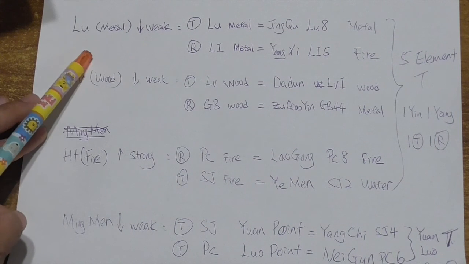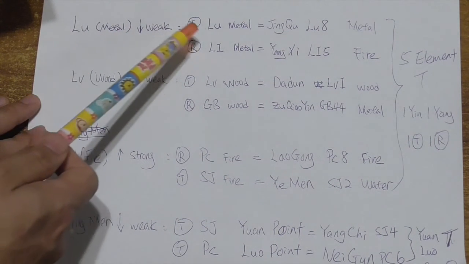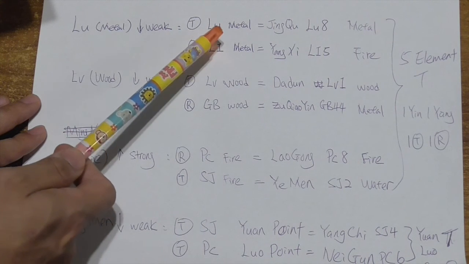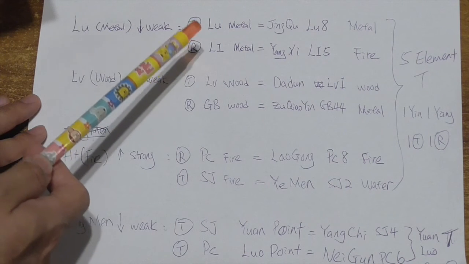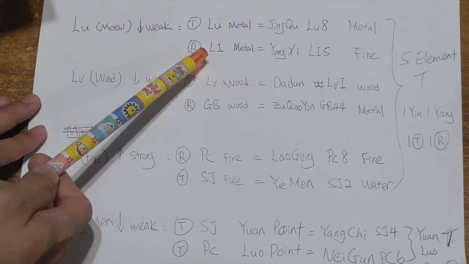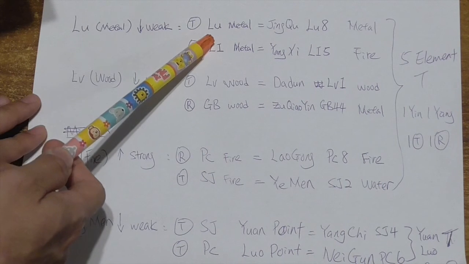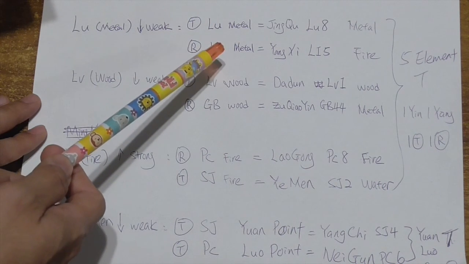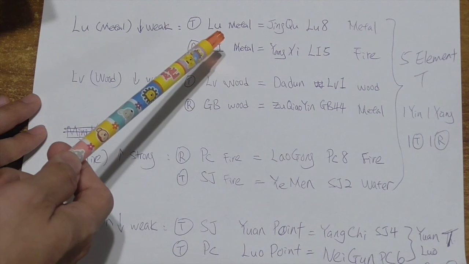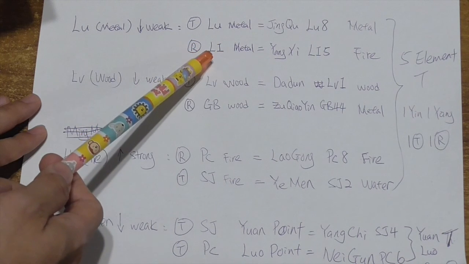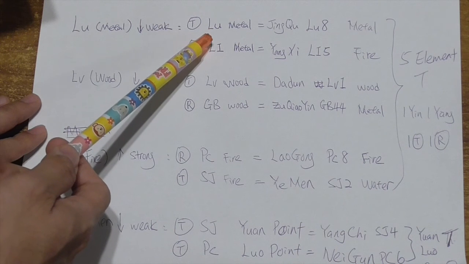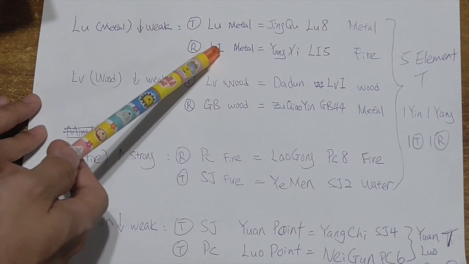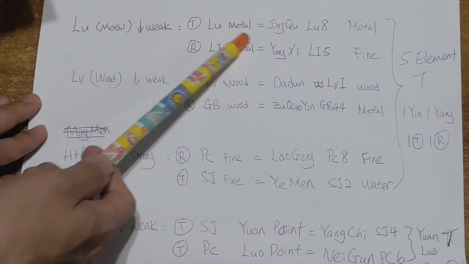For lung, you can choose the lung, and here we use Wushu points. All of the 5 Wushu points have the 5 elements with them.